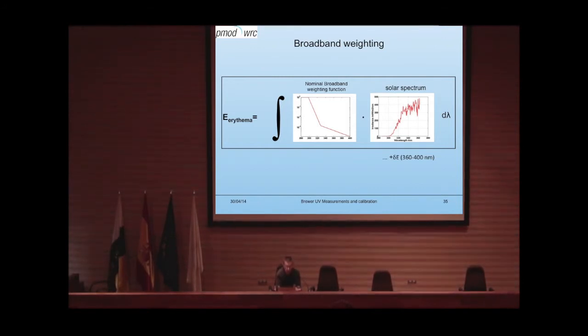And if you do this comparison, then it's really crucial that you are comparing the same stuff, and your broadband meter really measures or gives you a value that goes all the way to 400 nanometers. And if you just integrate your solar spectrum from your Brewer, and you don't think about this small little extra part, then your comparison will be biased. And I don't have the numbers with me, but I think if a double Brewer misses this delta A, then you're off by 8%, and if you're missing it in a single Brewer, then you're off by, I don't know, 50% or more.